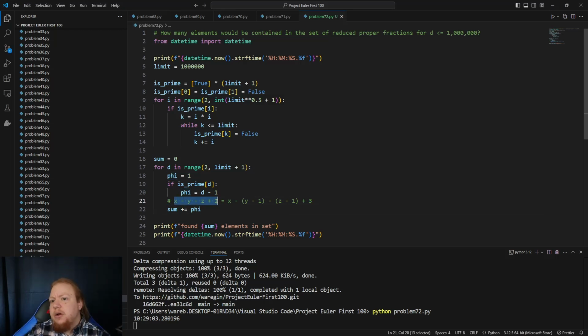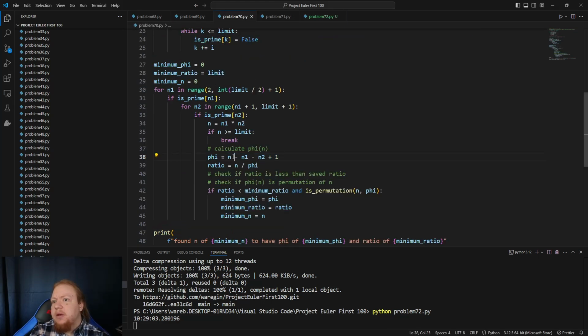So the logic of this formula, let's go back to problem 70. The logic of this formula was that n is equivalent to n1 times n2, with n1 and n2 both primes.